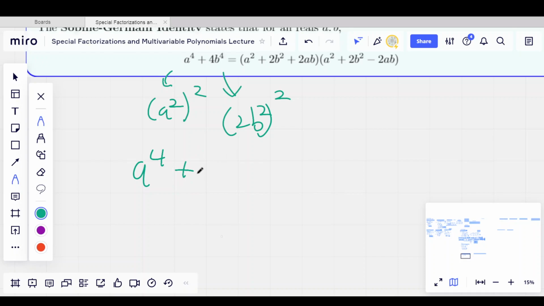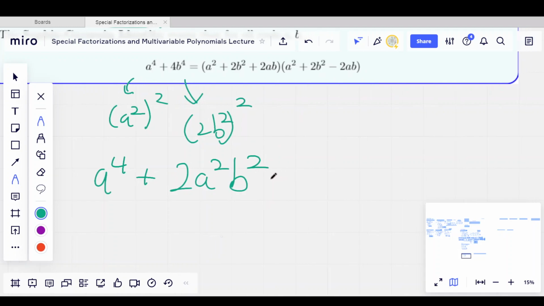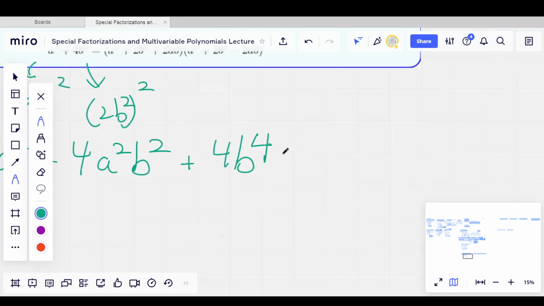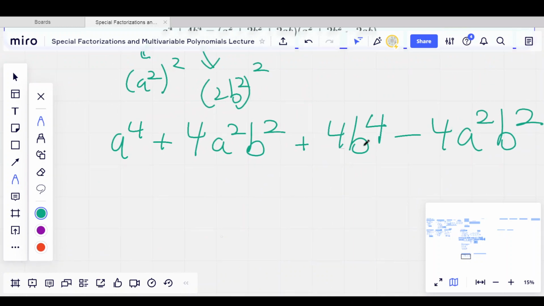So a to the fourth plus 4a squared b squared plus 4b to the fourth, and then you just subtract 4a squared b squared. Okay? Now this is very straightforward.